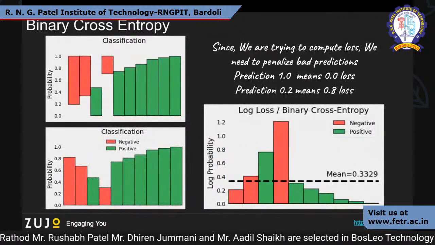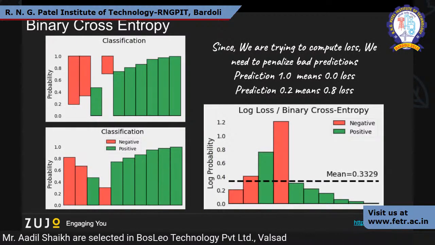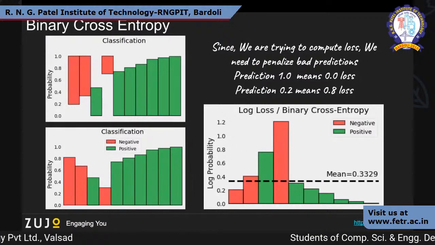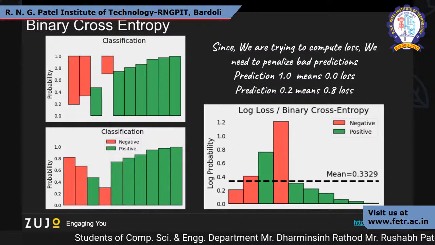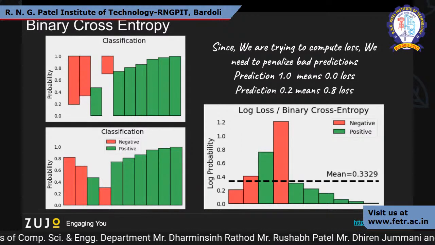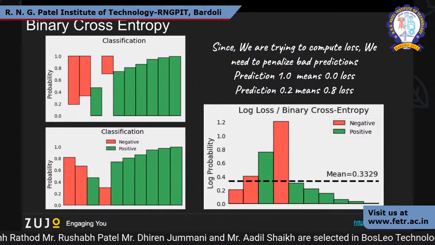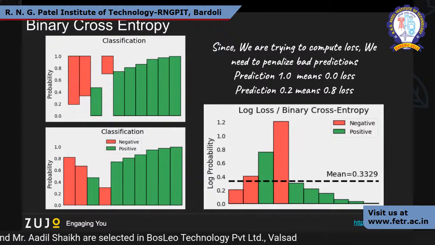Now, what binary cross entropy does is it gives you the probability of both parts, negative and positive. As you can see in the last graph, if your prediction is 1.0, it means you have 0.0 loss. If your prediction is 0.2, it means you have 0.8 loss.